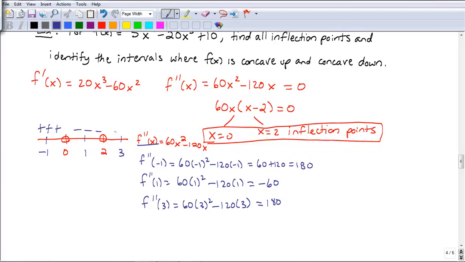So that tells me the second derivative is positive, so it's concave up there. So now I know concave up happens where the second derivative is positive, so from negative infinity to 0 and from 2 to infinity. And concave down is where the second derivative is negative, and that happens from 0 to 2.